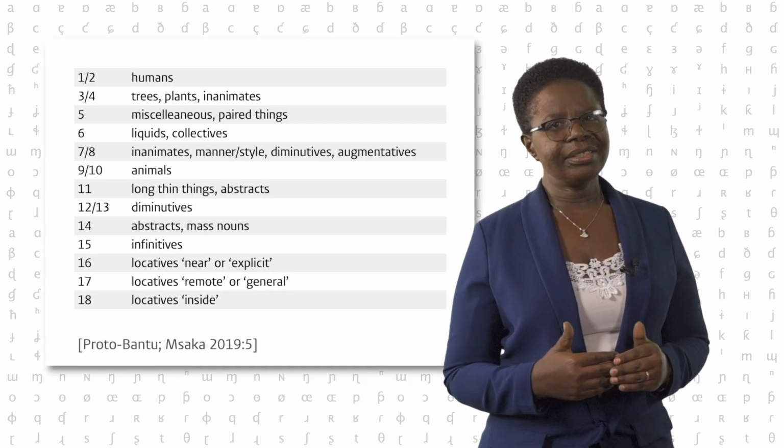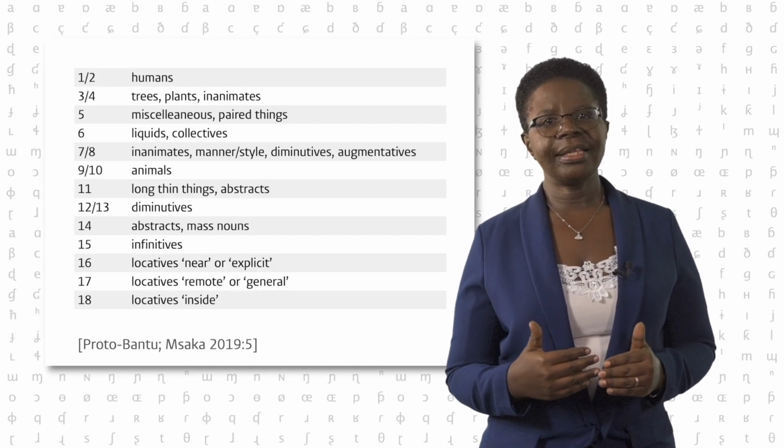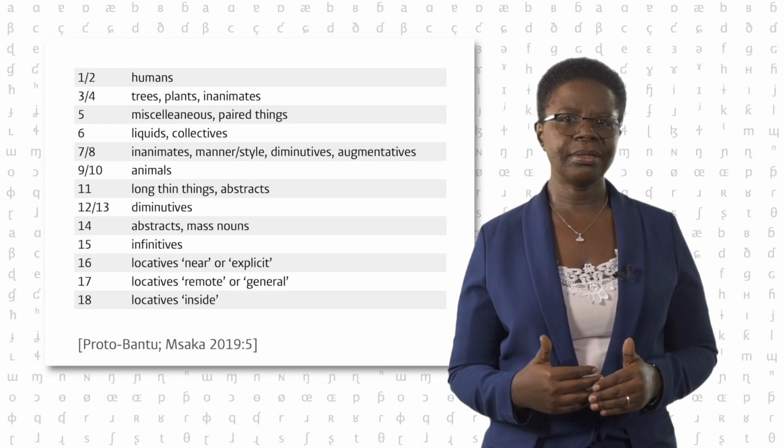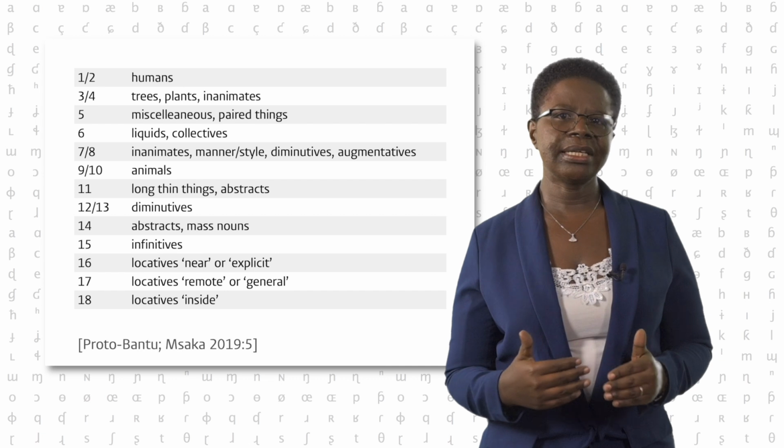In many Bantu languages, humanness plays a role. Noun classes 1 and 2 typically contain nouns referring to humans. Many other generalizations have been proposed for other classes, such as long thin things or masses and liquids, but these are never very explanatory.